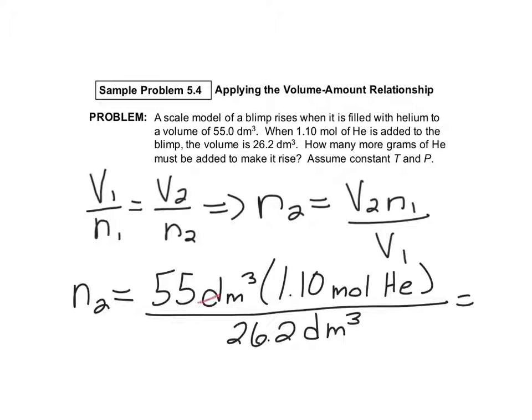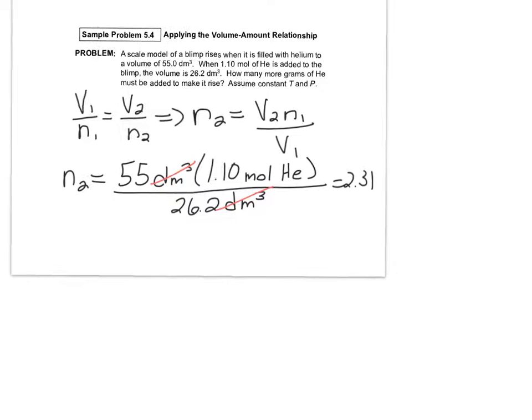Cubic decimeters divided by cubic decimeters cancels, so I'm going to be left in moles of helium. So let's see what I've got. 55 times 1.1 divided by 26.2, and I got 2.31 moles of helium.